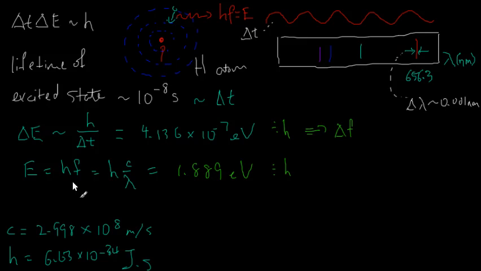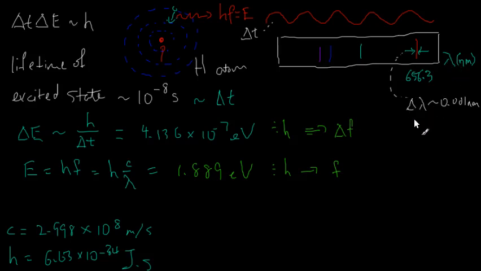E, if I divide by h, I'll get f. And then the ratio between these two will give me the fractional change in the frequency, which will be equal to the fractional change in the wavelength.